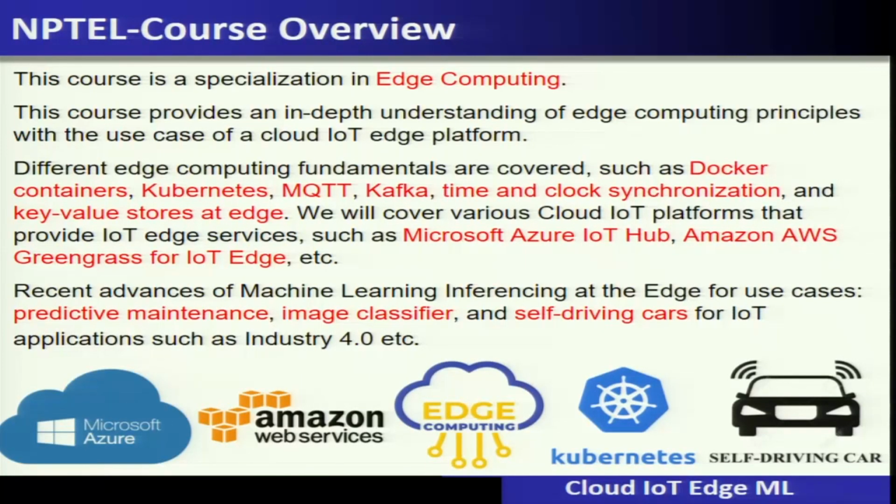We will also cover various cloud IoT platforms which provide IoT edge services, such as Microsoft Azure IoT Hub and Amazon AWS Greengrass for IoT Edge, etc. Recent advancements in machine learning inferencing at the edge for different use cases such as predictive maintenance, image classifier, and self-driving car for IoT applications such as Industry 4.0 will also be covered in this part of the course.